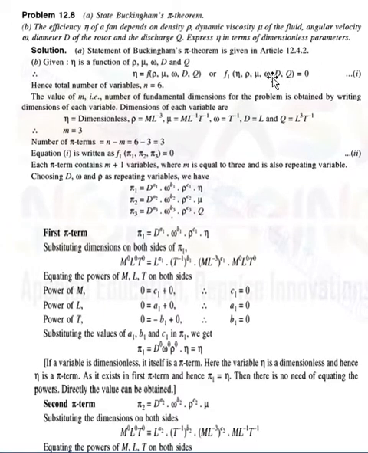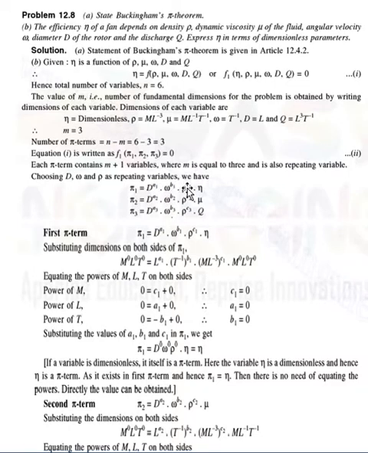A flow property here is velocity or acceleration. Here w is the angular velocity, therefore we choose it as the second repeating variable. Third one is fluid properties. In this, rho, mu and q are the fluid properties, out of which we choose rho as the third repeating variable. Then we know the pi 1 term contains 4 variables, m plus 1 variables.